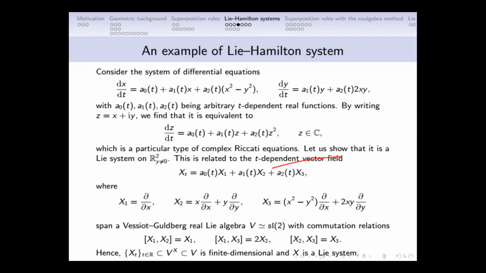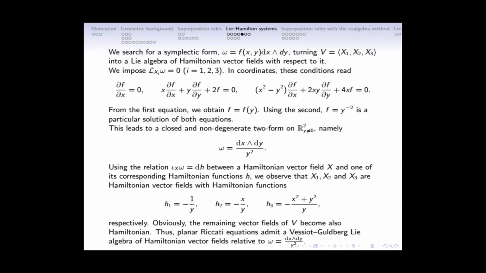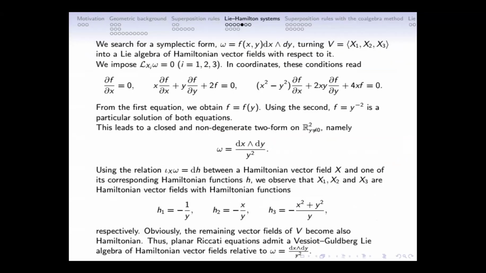So we wonder if it admits a symplectic form. We're just going to try to look for it. So we suppose there exists a symplectic form, and we want to know what the coefficient is. We have to take the Vessiot-Guldberg Lie algebra associated with the Lie system into a Lie algebra of Hamiltonian vector fields with respect to it.